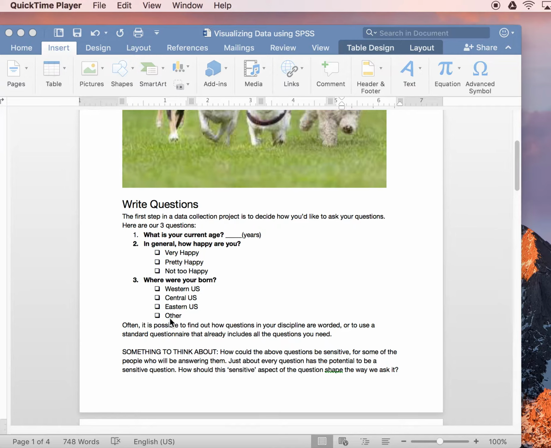Now, we've worded the questions this way, but often, depending on the kind of discipline you're studying or the sort of research, there are others who have asked similar questions in the past, and it's actually very helpful to word your questions the same as they have in their studies so that you can compare.